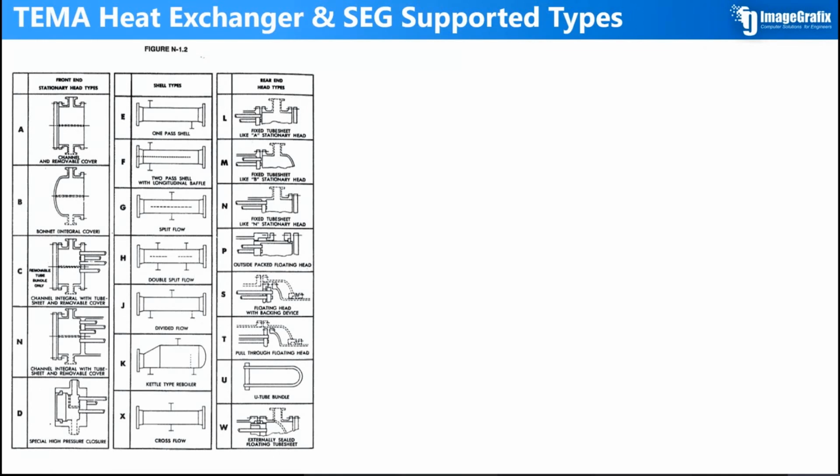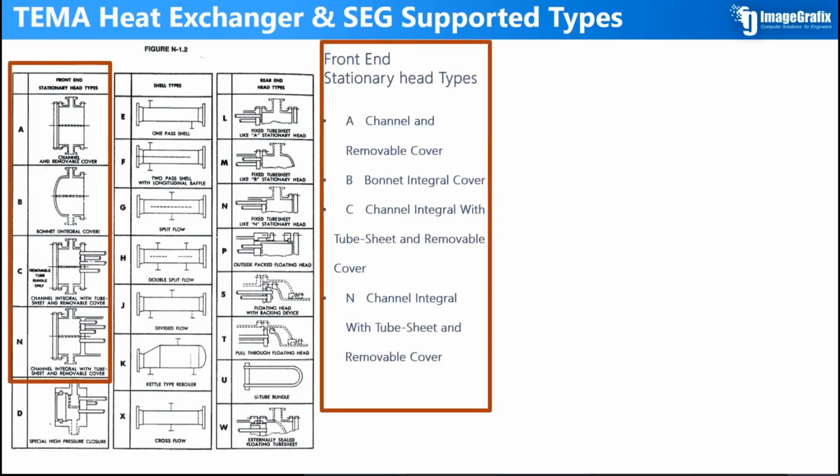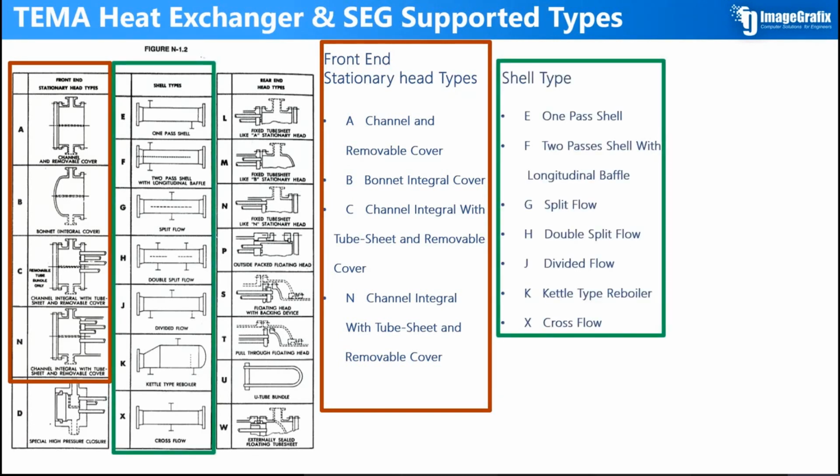By using SEG, you will be able to generate A, B, C, N types from the front end, and you have the ability to generate all types from the shell type. And on the rear end, you have the ability to generate L, M, N, S, U types.